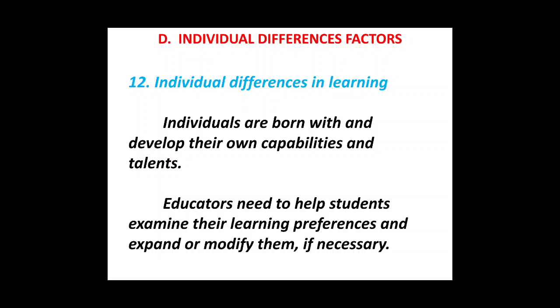Still remember our discussion about multiple intelligences by Howard Gardner? In that lesson, we learned that children have different intelligences. Meaning they are good at many things and they differ in areas in which they excel. Yung iba magaling sa mathematics, yung iba sa language, yung iba sa social studies because they are good at memorizing things.